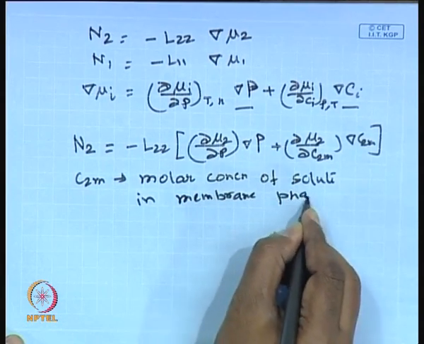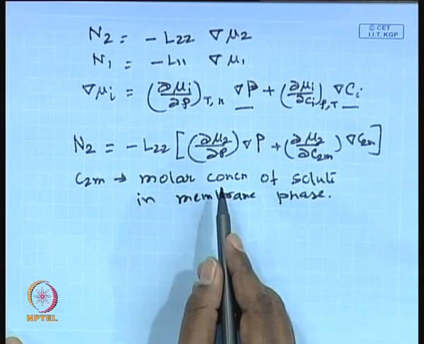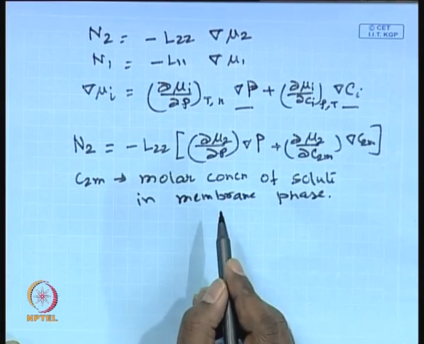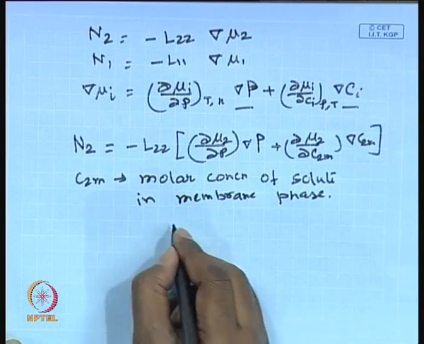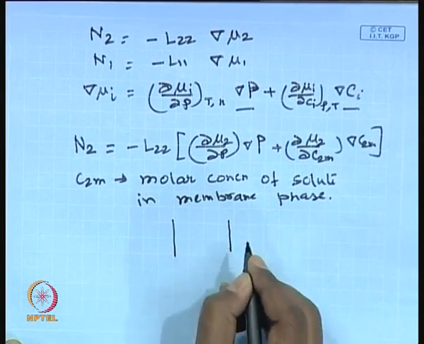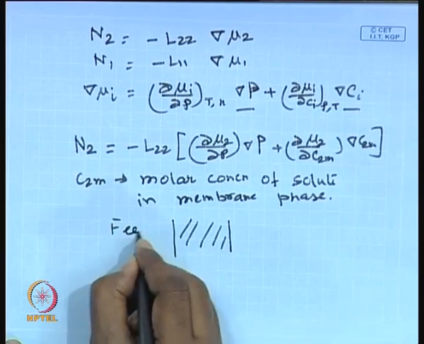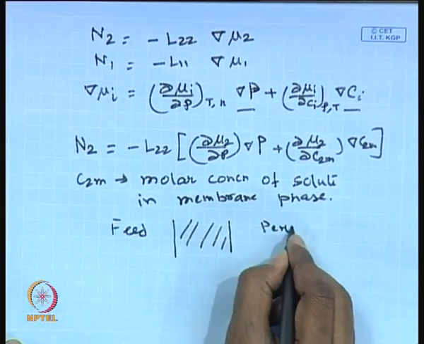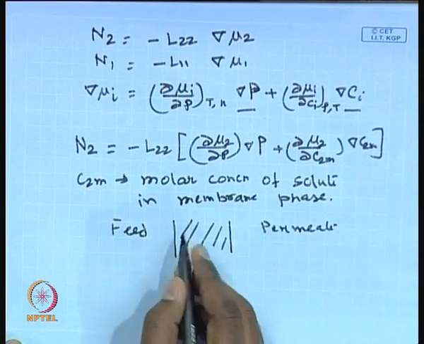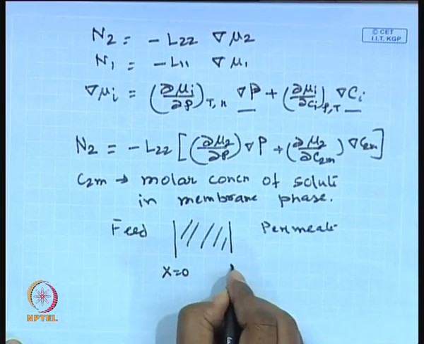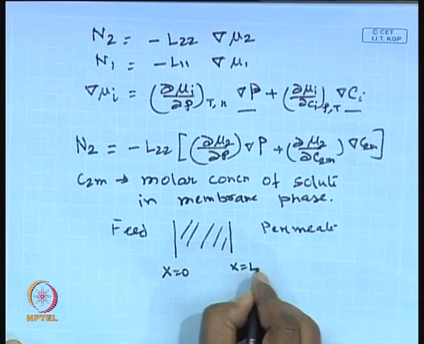If you remember, we are writing the transport law of the solute and solvent within the membrane phase. In our system, this is the membrane phase, this is the feed side, this is the permeate side. So, this is x equal to 0 and this is x equal to L. What is L?